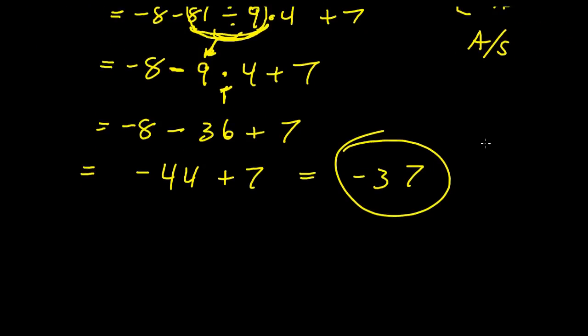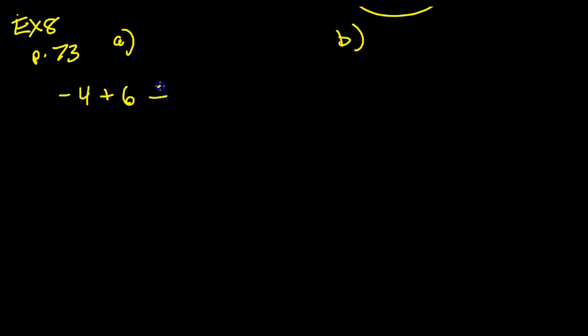All right, let's look at example 8 on page 73. Actually, there's two sub-examples here. Let me write them both out. Minus 4 squared plus 6 divided by 3, and then contrast this with part B. It's minus 4 squared, but the minus 4 is tucked into parentheses, plus 6 divided by 3.